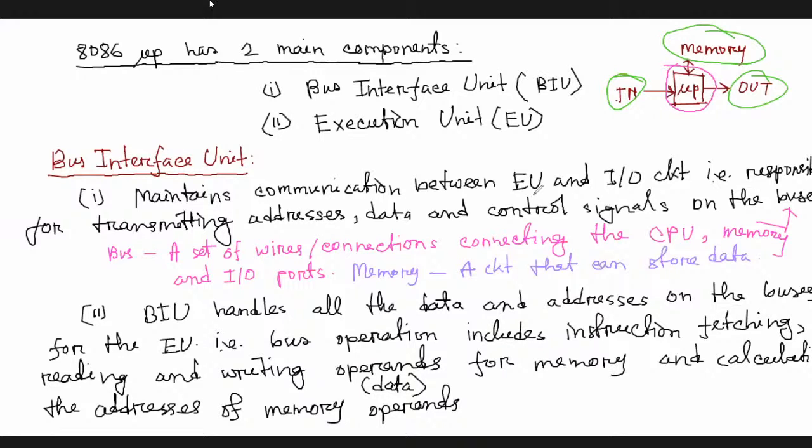Sir, maybe 5. Yes, 5, right. Thank you, Suraya. Suraya is good. Okay, so there are actually 5 registers. There are in total 14 registers in a processor, and among those 5 are in the bus interface unit.